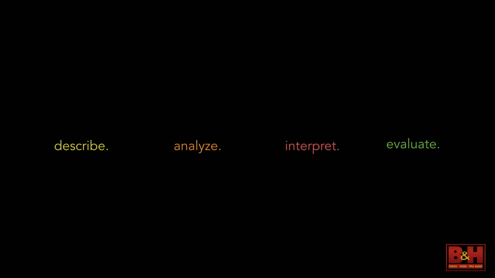Okay, so if you look at academic how-to critiques, often there's a list of what's in the critique, meaning it's important to describe, and this isn't just for photography, I looked this up for anything, to describe, to analyze, to interpret, and then to evaluate.